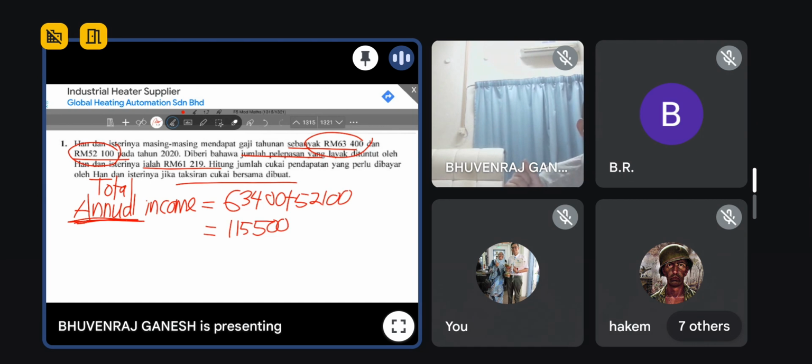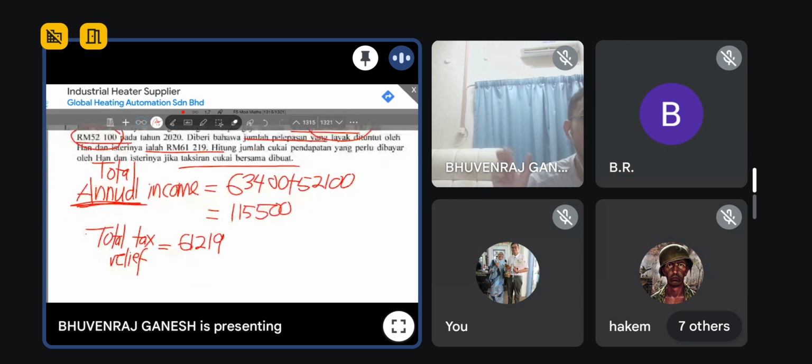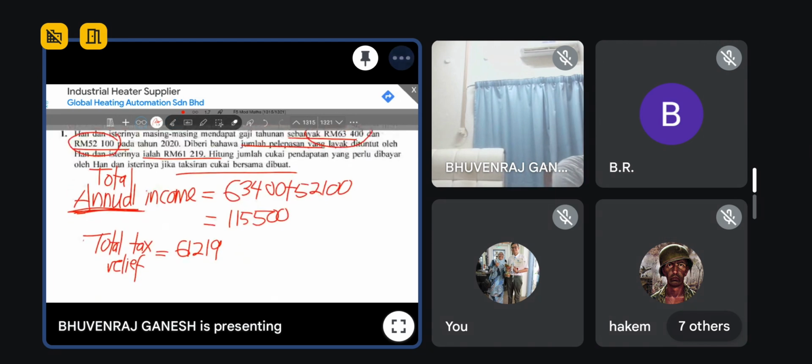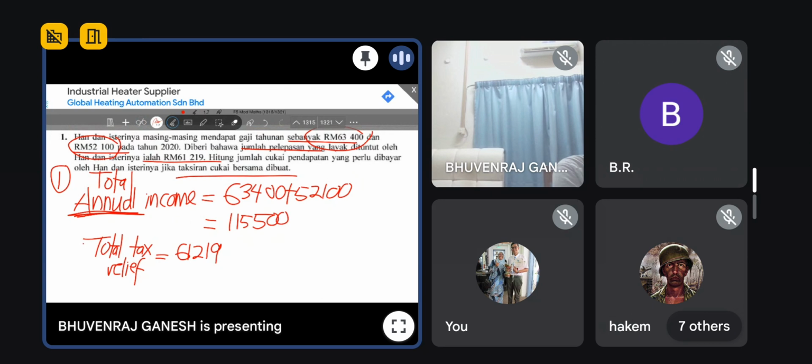Second step, they already tell you total tax relief, jumlah pelepasan, is equal to 61219. Okay, so third step, we have to find something now. Okay, don't answer yet, anyone? Okay, who should I call? Okay, maybe Aife, are you here? What is the third step I should do? This is the first step. Second step.